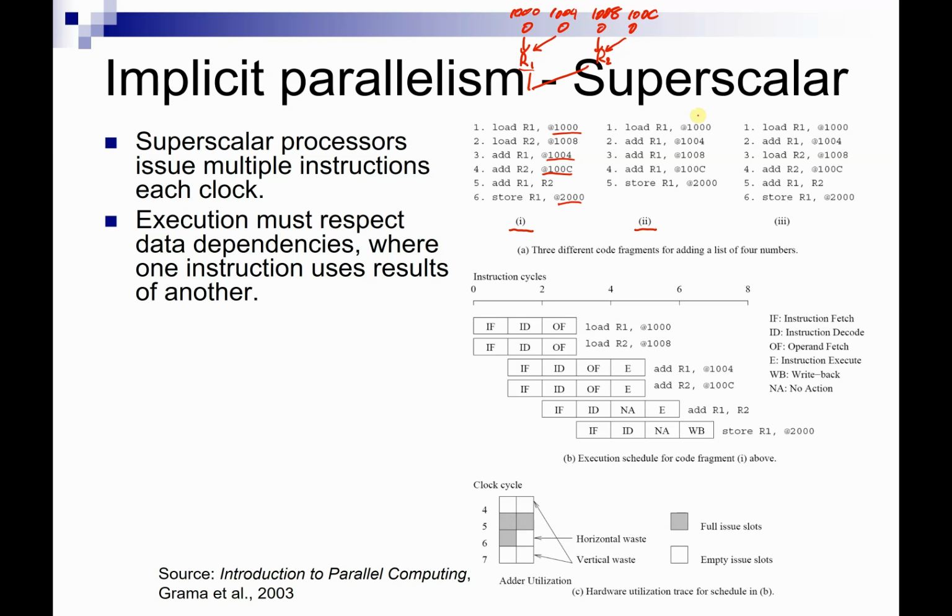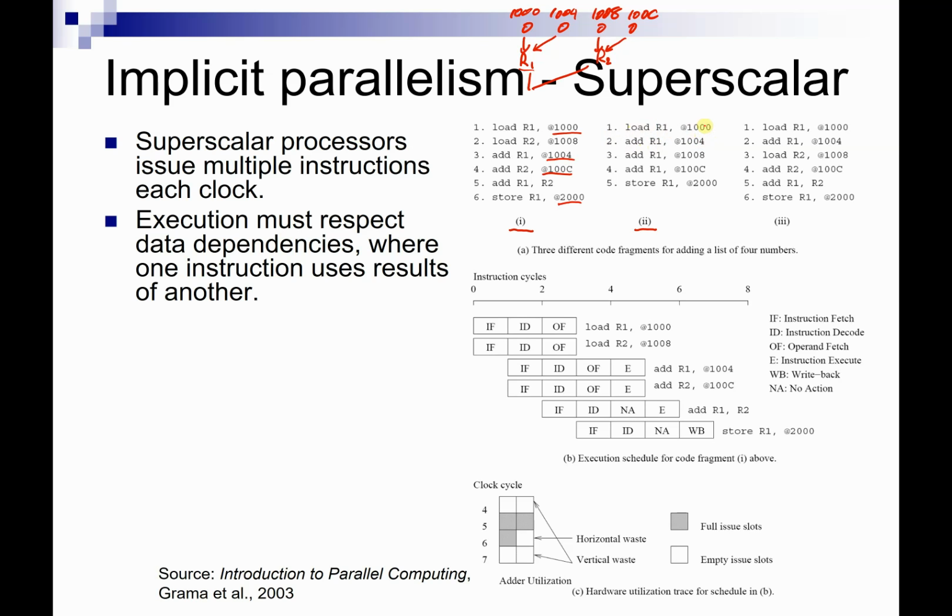So why do we have dependencies? Well, in the second piece of code, the first thing we do is load the value into the first register. Then you're going to add the data from address 1004 into the first register. But notice that you have to do instruction 1 before you do instruction 2, because here we're trying to add the value at 1004 to the value at 1000.